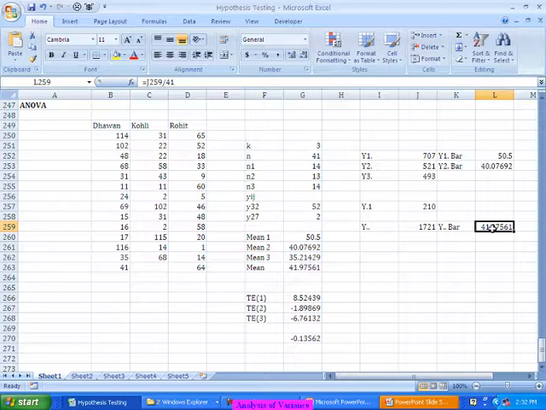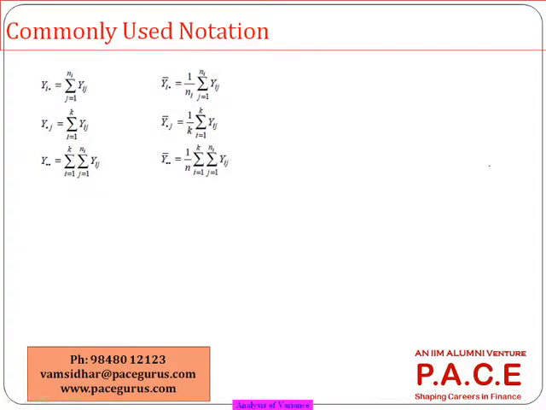So the notations is something which we have to be comfortable with, and once we are clear on each of these notations, so all these calculations we should be comfortable with yi dot, where it is the summation of yij for all j. Like that, when we are doing all these things, it becomes slightly easier for us in each of these activities.